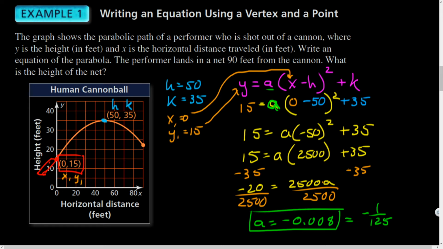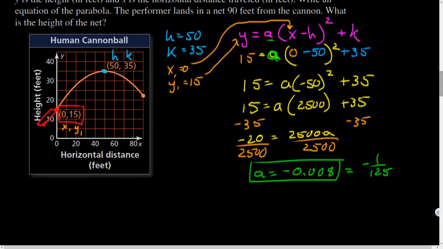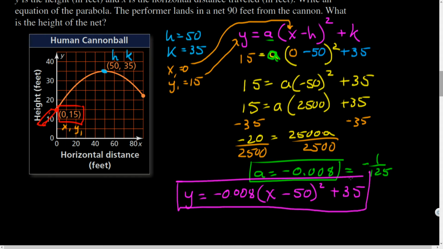Now that I have my a, h, and k, I've got the most important parts of my equation, and so I can write my equation. y equals negative 0.008 times parentheses x minus 50 squared plus 35.